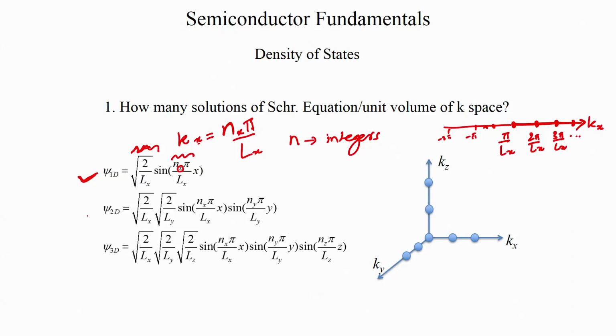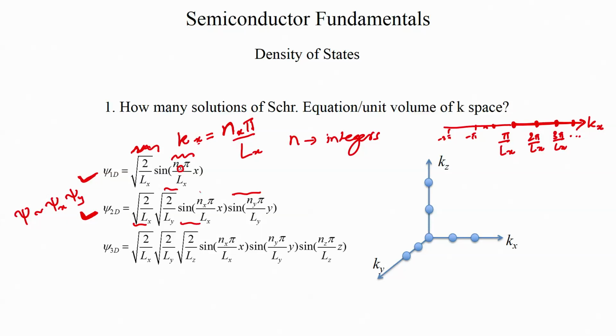And if you solve Schrodinger's equation for a 2D box, we use the technique of separation of variables, where we split psi as psi x and psi y, and we found that it was simply a product of these two wave functions.